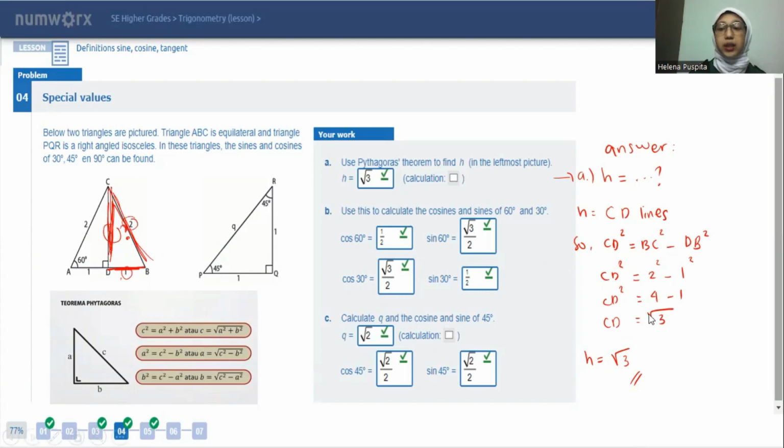CD equals square root 3. So the height is square root 3.